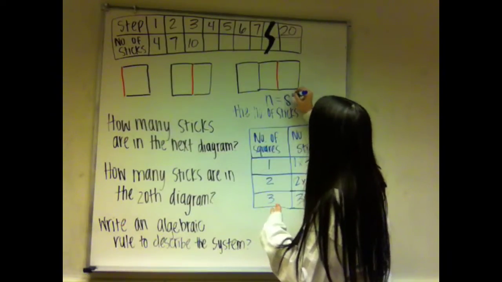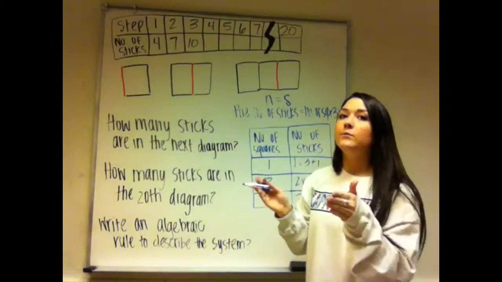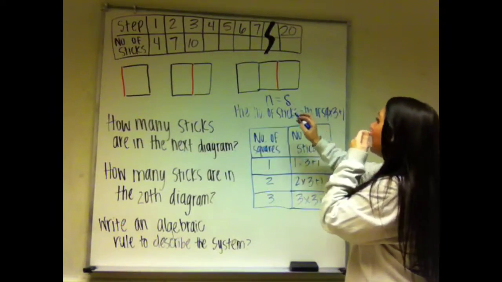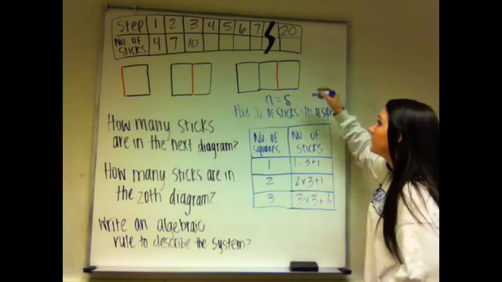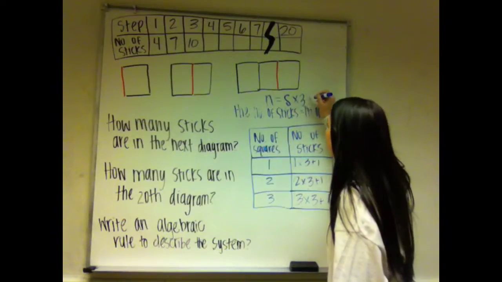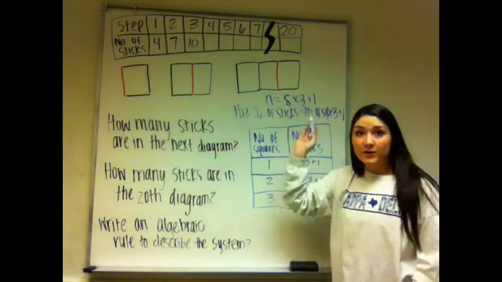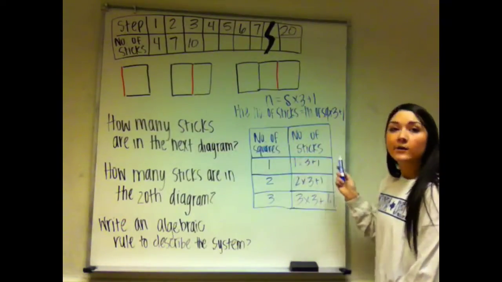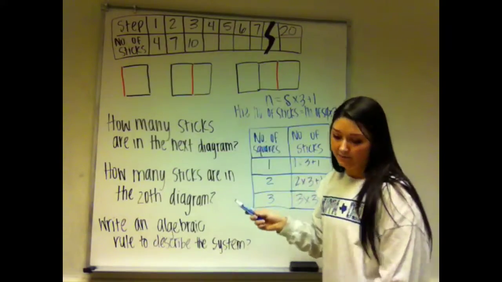We already put n for sticks, so that's why we're not going to use the same variable for it. So n equals s times 3 plus 1, so the number of sticks equals the number of squares times 3 plus 1. So that's our algebraic rule for the whole thing. And so we went through this whole diagram and made our way through the whole thing.